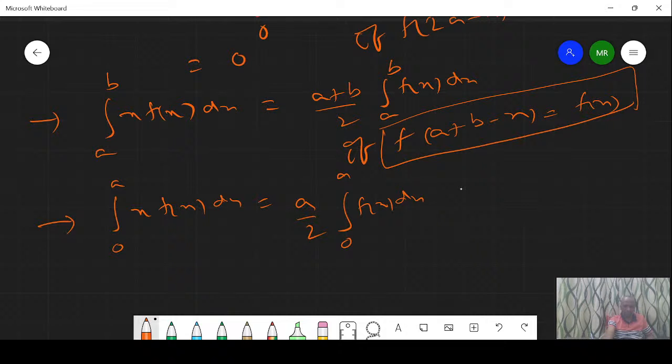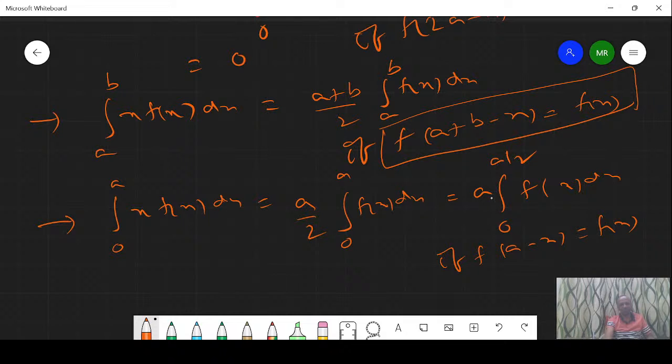Then I can write here which is equal to a into integral 0 to a by 2 f of x dx if f of a minus x is equal to f of x. Suppose replace x with a minus x. You got f of x, I can write half of this. Because you will get a by 2 into it comes.